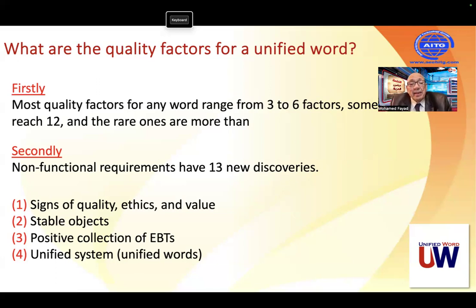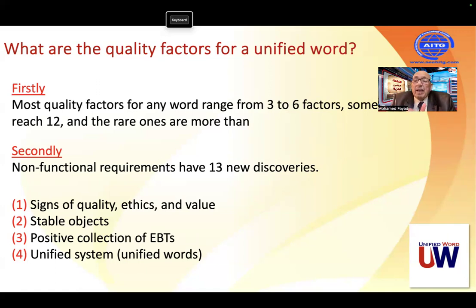That's why the non-functional requirements are the ethics built into the systems. And therefore, you will see there is a positive collection of enduring business themes. It has to be. As we discussed before, every word and every system has goal or goals.